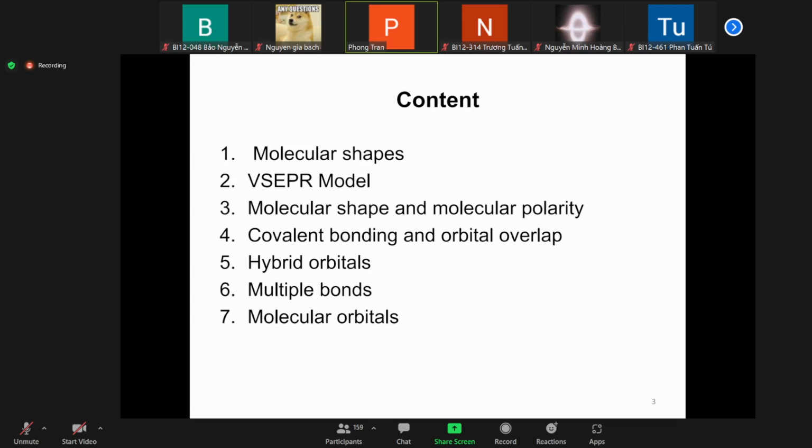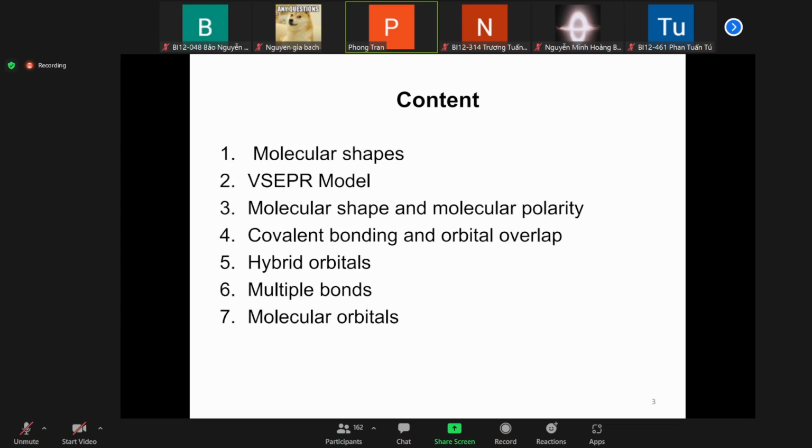In the fourth part, we discuss covalent bonding and the overlap of orbitals, how we look at the orbitals and how orbital overlap can generate the covalent bond. We will discuss the concept of hybrid orbitals. In the previous lecture, you learned about the orbitals s, p, and d.